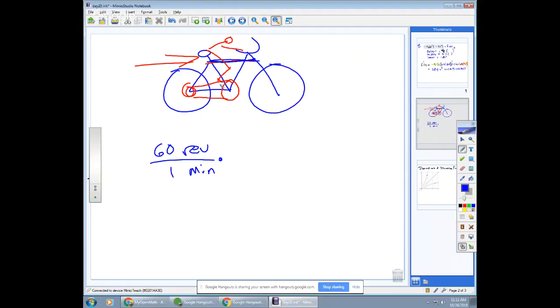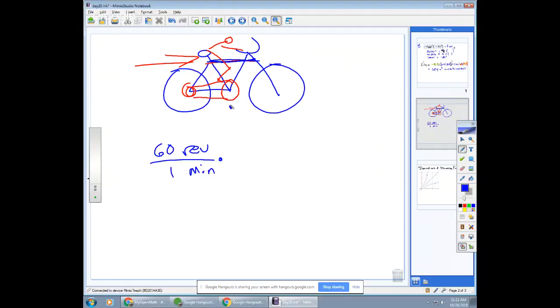And would you agree the movement is a function of his pedaling, right? The movement is also a function of how big these chain rings are and how big the tire is. So we have all these interconnected functions right here. And so it turns out the speed is just a product of their rates. Every time he makes a revolution, doesn't this thing move?